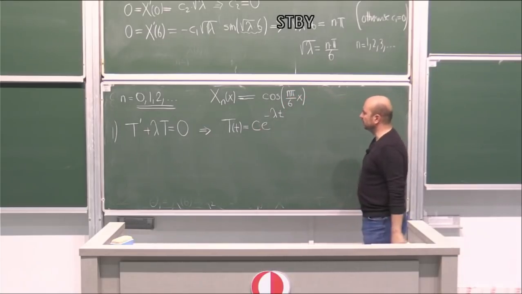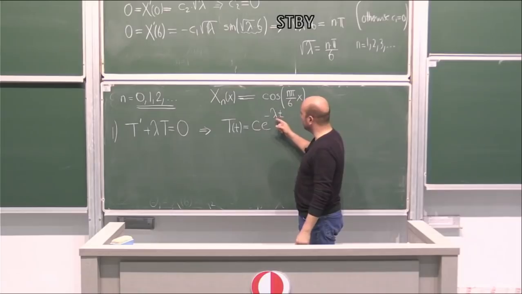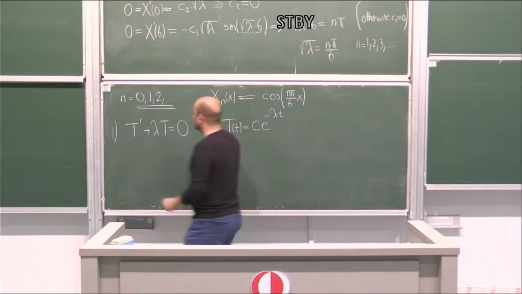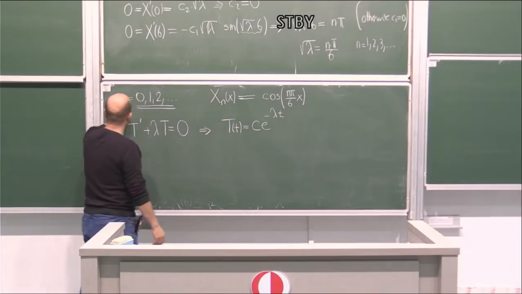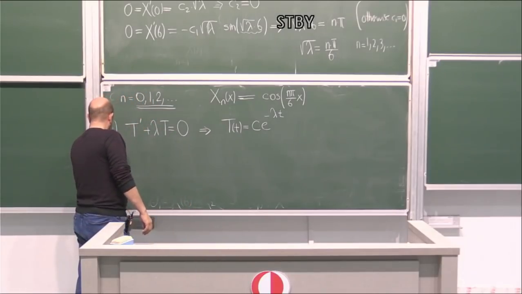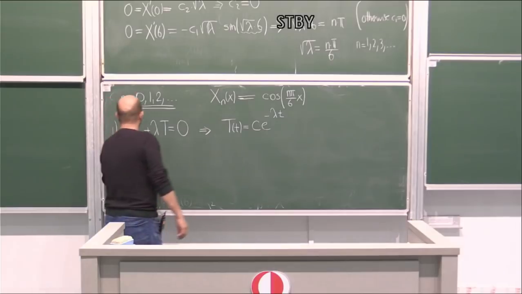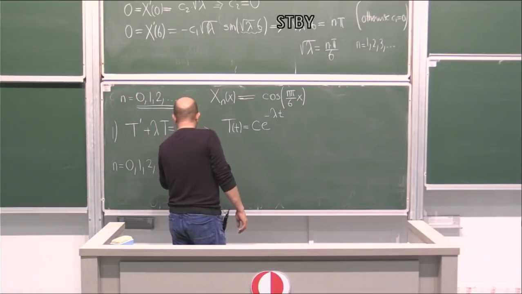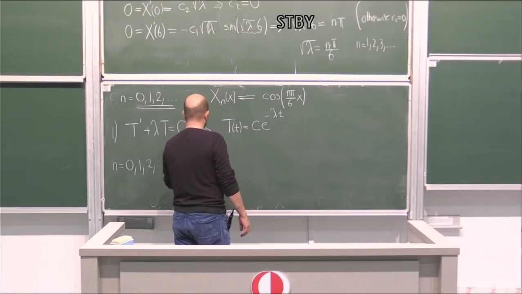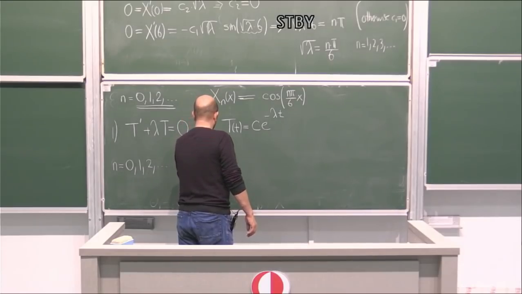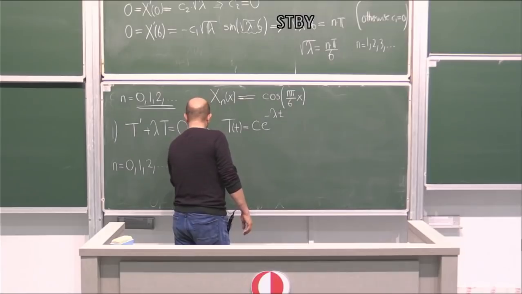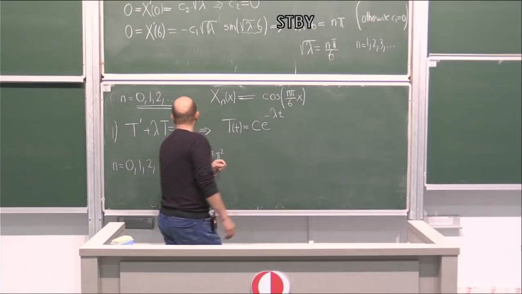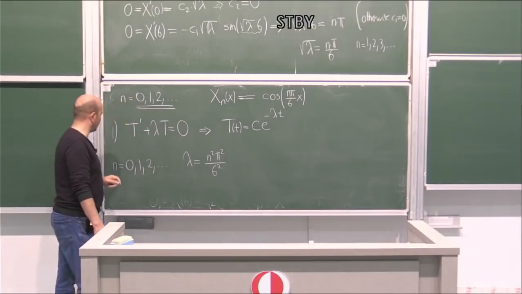Now, be careful. For each lambda, we are writing a corresponding T. So now, for n from 0, 1, 2 going like this, lambda is equal to n square pi square over 6 square. Now this is what we have.